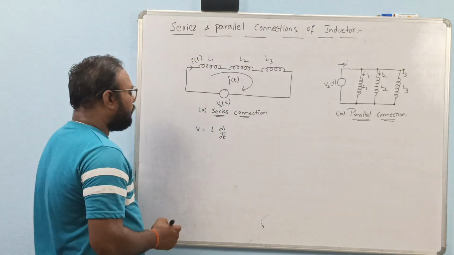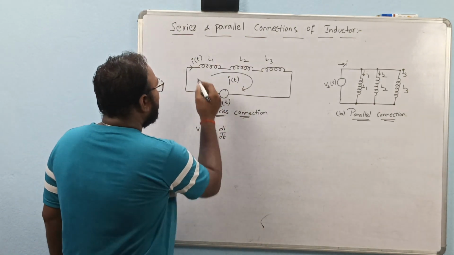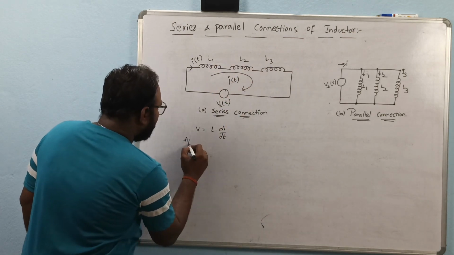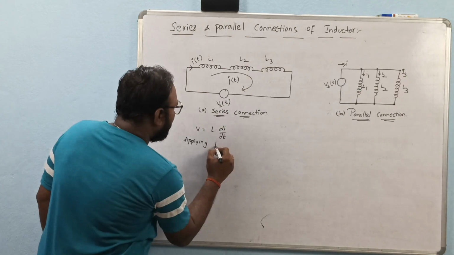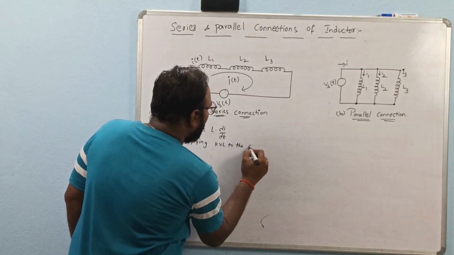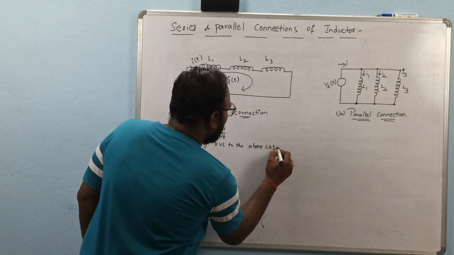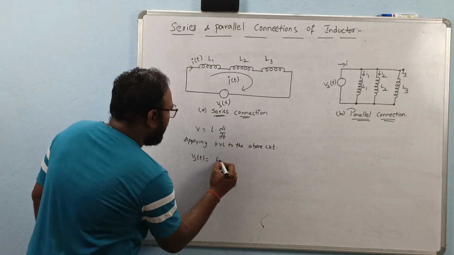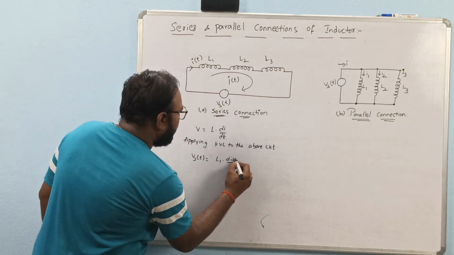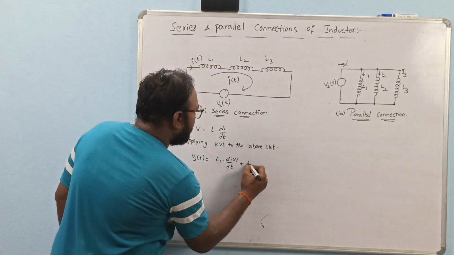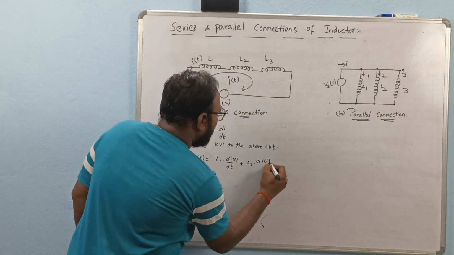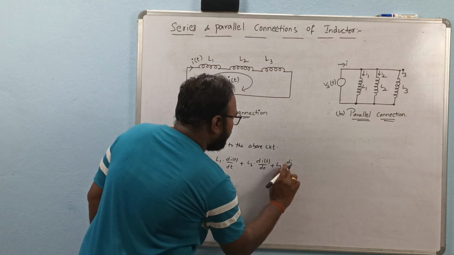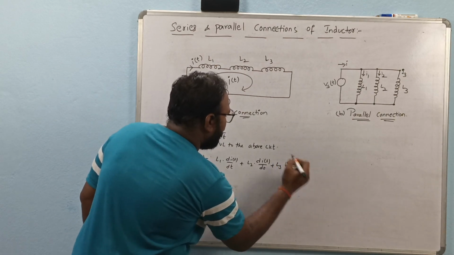Here we have Vs of t, current i of t, and L1, L2, L3. By applying KVL to the above circuit, you get Vs of t is equal to L1 into di of t by dt plus L2 into di of t by dt plus L3 into di of t by dt.